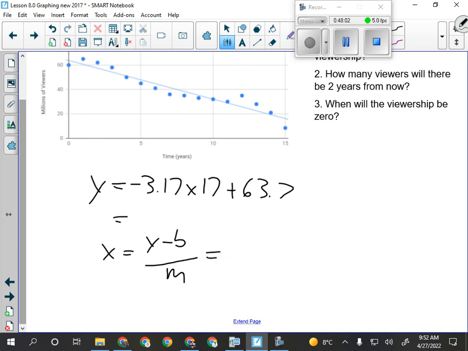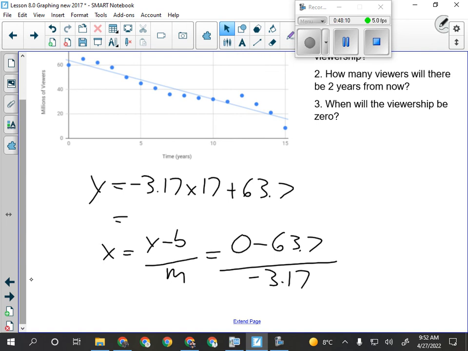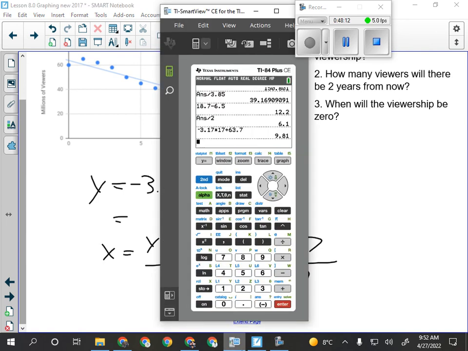So when y is 0, minus 63.7, divided by negative 3.17. So, negative 63.7 divided by negative 3.17. Oh, that's not negative, that's a minus.